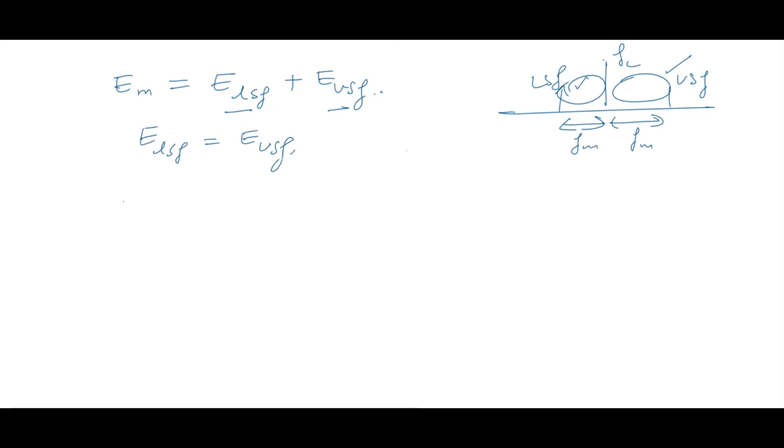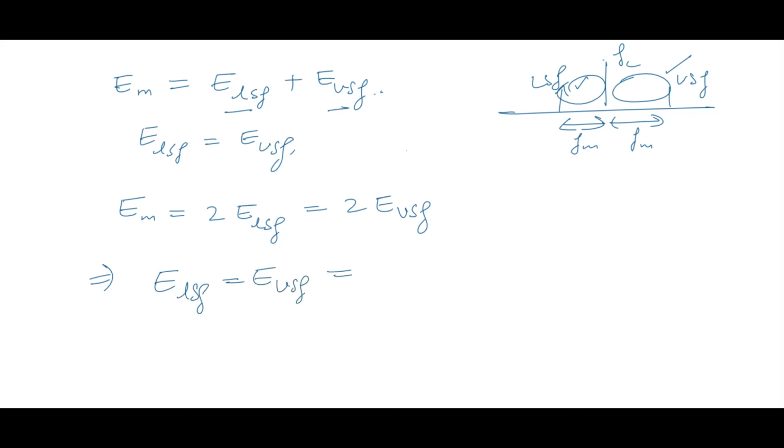So your EM will become equal to either twice ELSF or twice EUSF. That is one and the same thing. So from this equation we can conclude that ELSF, which is equal to EUSF, their amplitude is just half of the maximum amplitude of the signal.